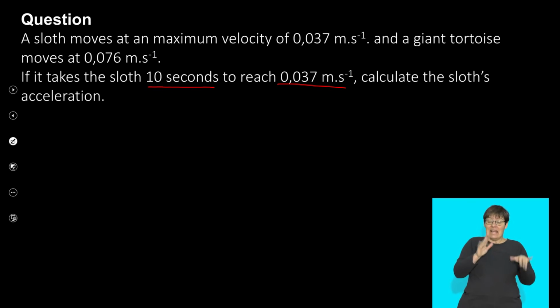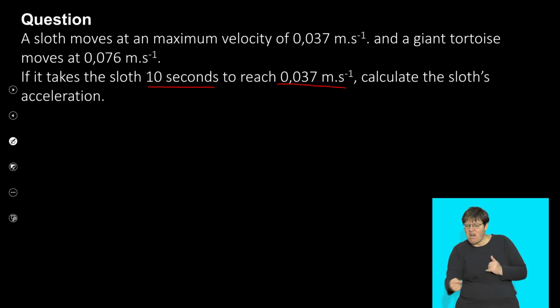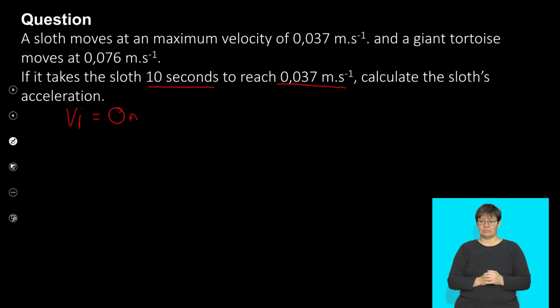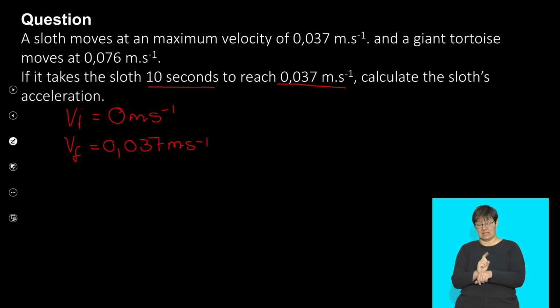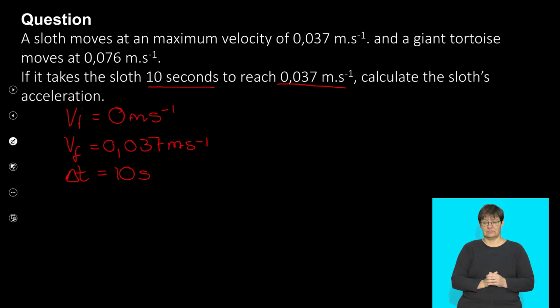So we know that my initial velocity is going to be 0, my final velocity is going to be 0.037, and my time is 10 seconds, and I want acceleration.